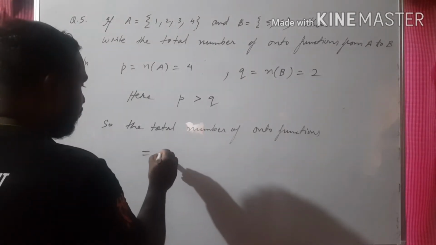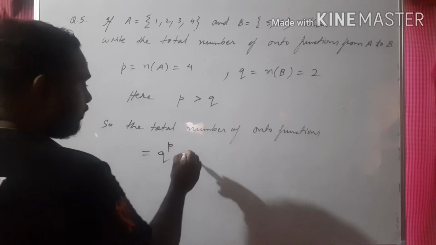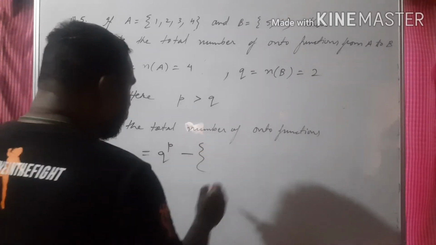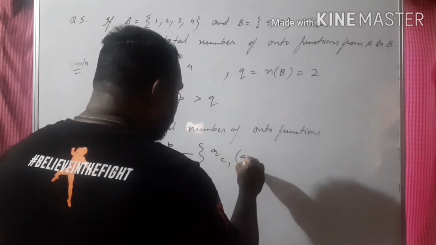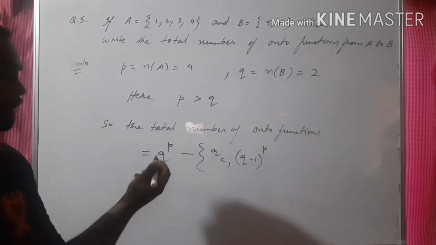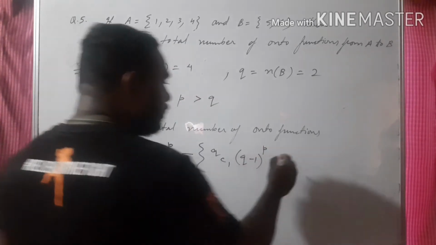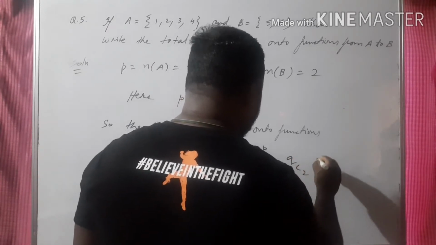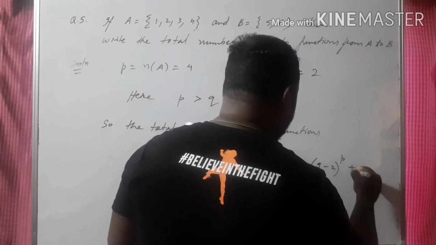So the total number of functions is cardinality of B to the power cardinality of A, minus QC1 (Q minus 1) to the power P, plus likewise the next term, QC2 (Q minus 2) to the power P, and it will go on like this.